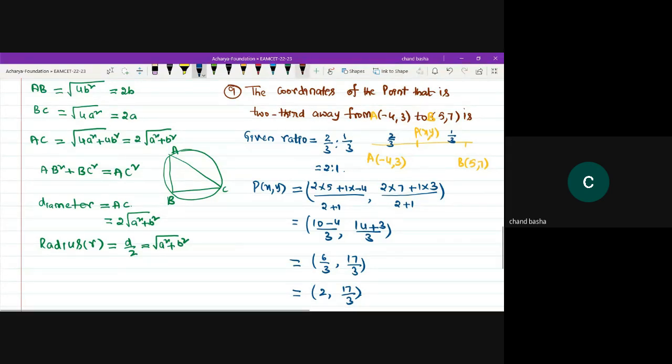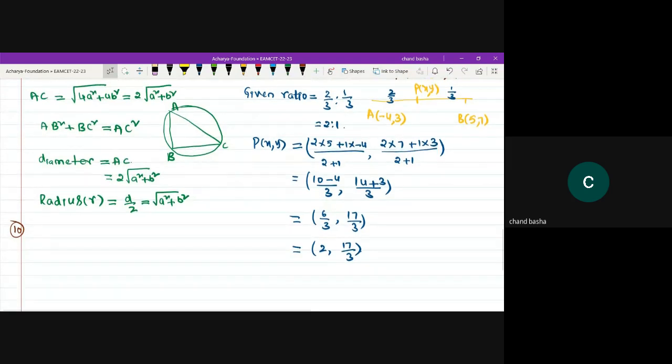Next problem. Problem number 10. Area of the triangle formed by the points, the vertices will be given to you.